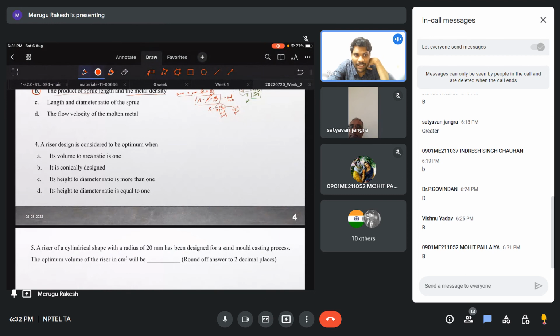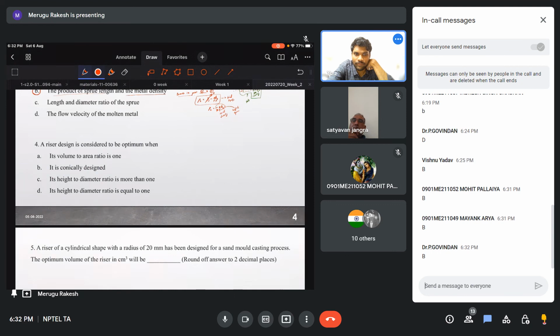So any other answers? One more answer, it's conically designed. See, it is not asking you about the sprue, it is asking about riser design.